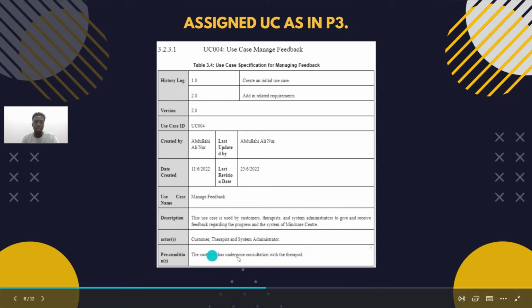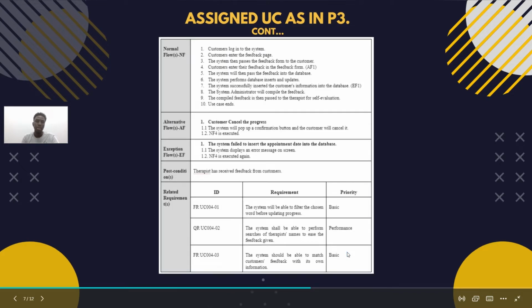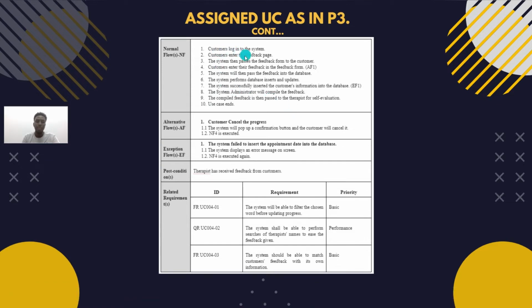The precondition is that the customer has undergone consultation with the therapist. The normal flow of the use case is: the customer logs into the system, the customer enters the feedback, the system passes the feedback from the customer, and the system saves the feedback in the database. As you can see on the screen, there's no need to read it all.